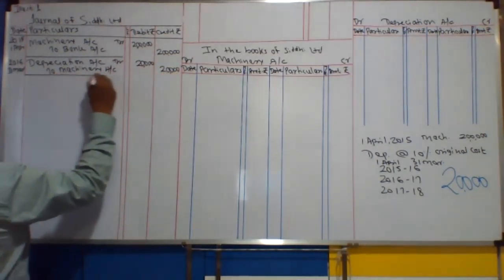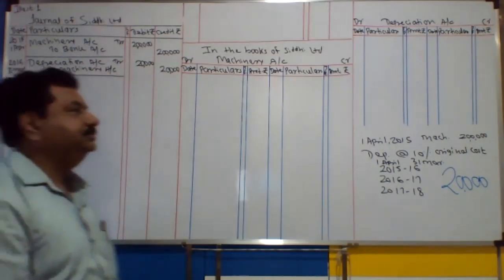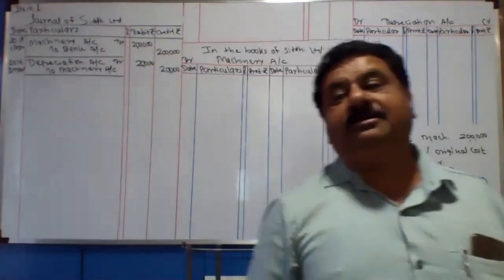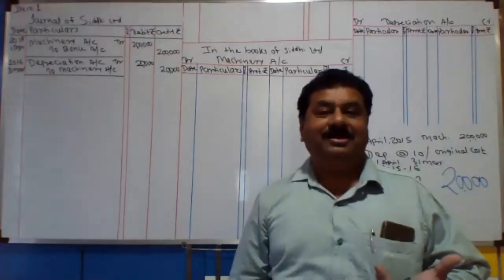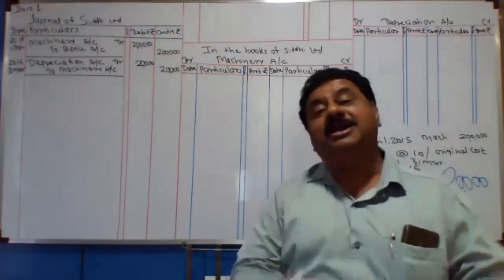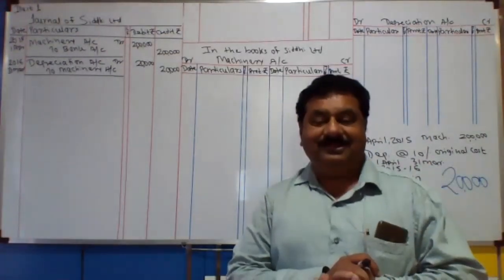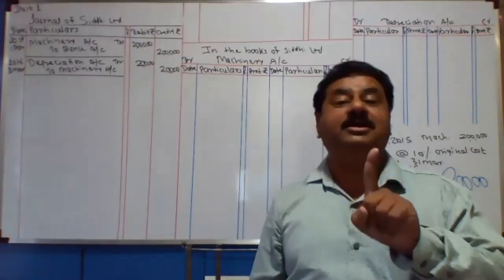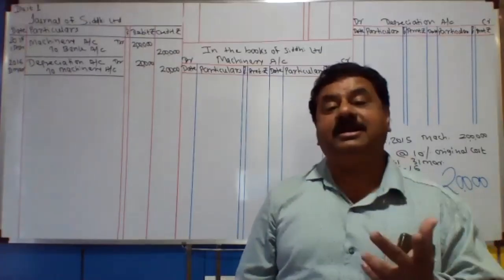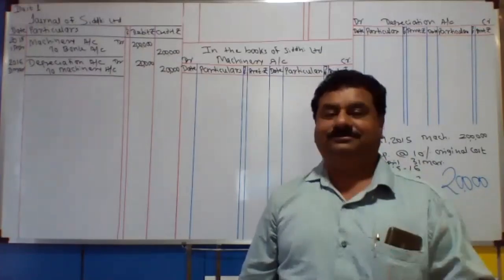So this is the journal entry number 2. And what is the date for that? Year ending का डेट आया है क्योंकि depreciation हमेशा year ending को ही charge होता है. There are 2 occasions. Number 1 year ending, वो तो पक्का है. And second is when asset is sold.